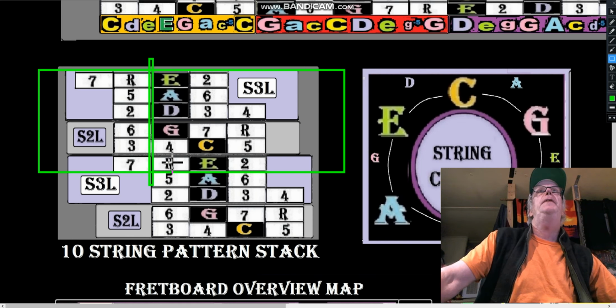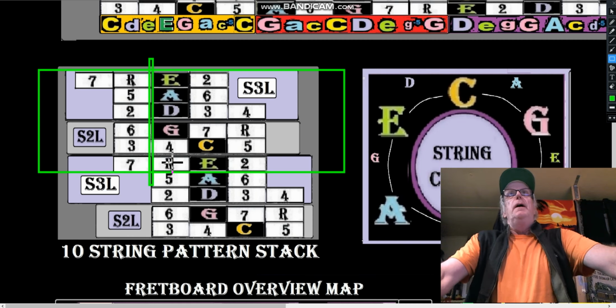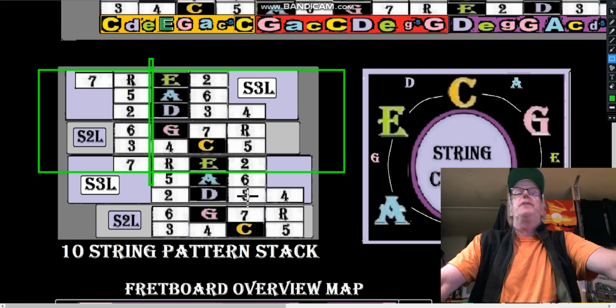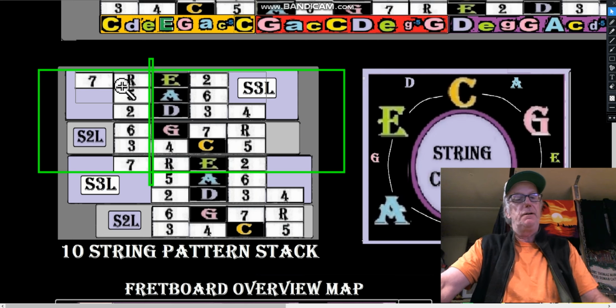Alright, now we're not done yet. And I fixed the graphics program so we can work with the warping, the changing of the tuning, easier now. We're going to adjust the pattern for the tuning.